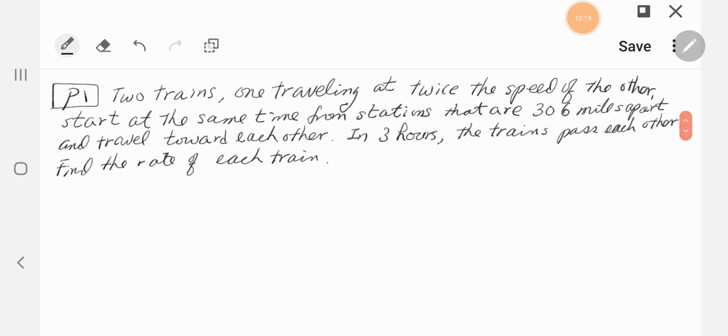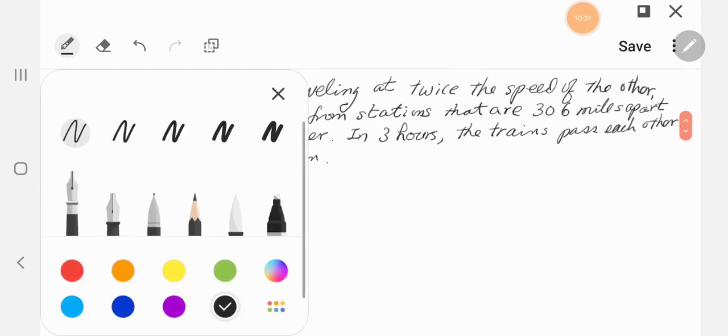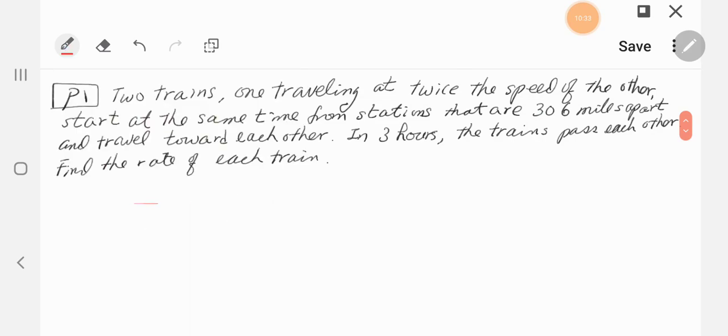Okay, this time two trains. Two trains are starting at the same time but different locations. They are 306 miles apart. So here is train A, and here is train B. They started at the same time, and then they're traveling towards each other.